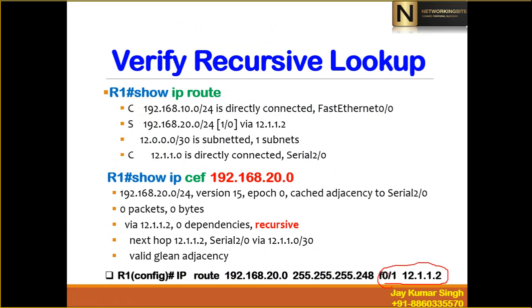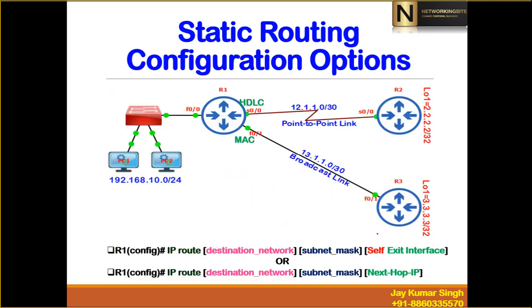Now if you have a network design like this, maybe your router is connected with another router via a point to point link, and connected to another neighbor router via a broadcast link, fast ethernet or ethernet.